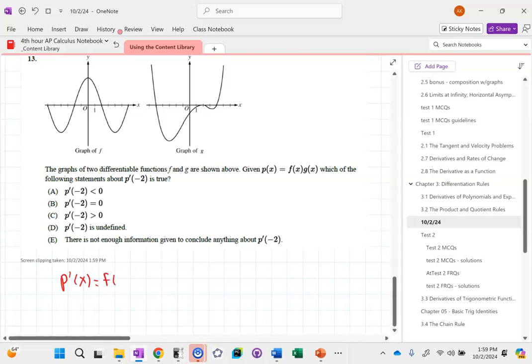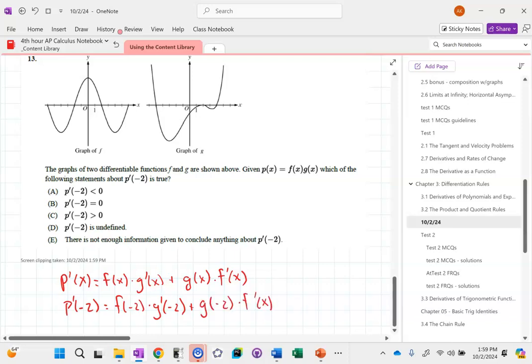That's f times g prime plus g times f prime. Sound good? So p prime of negative 2 is going to be f of negative 2 times g prime of negative 2 plus g of negative 2 times f prime of negative 2.